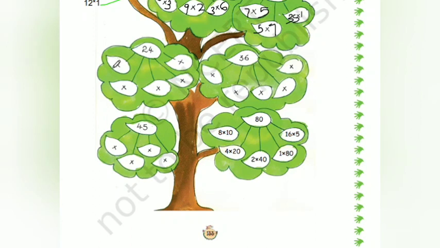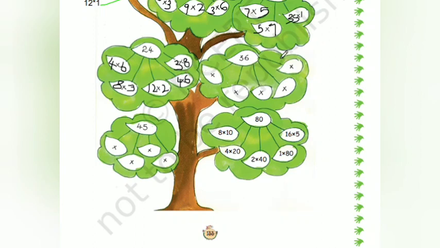That is 4 times 6 is 24. 8 times 3 is 24. 12 times 2 is 24. Then 4 times 6 also is 24. 3 times 8 is also 24.